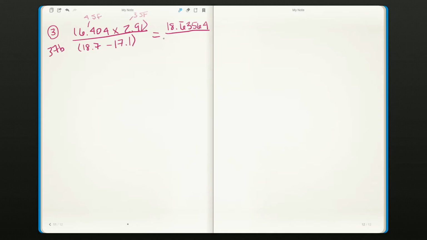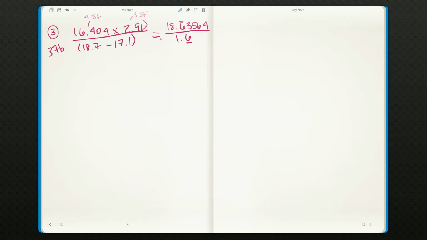Okay, now if we do the math on the bottom, both of these numbers have 1 decimal place, so our answer would also have 1 decimal place. So if we do the math there, our answer would be 1.6. And I'm going to go ahead and mark that anyway, but you guys know that 1 decimal place is what our result should have.